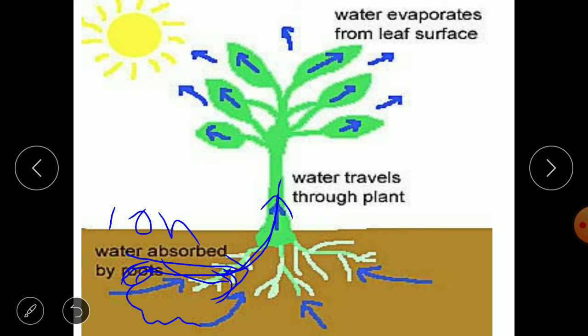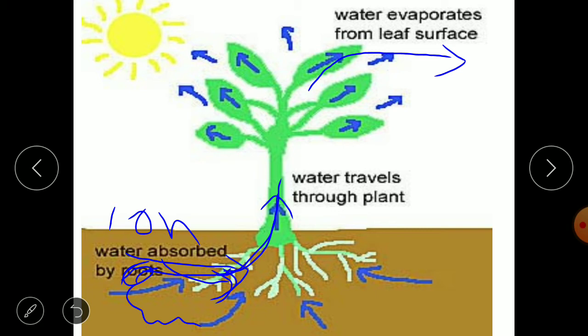You know, green plants and trees evaporate the excess water from the stomata of the leaves. This evaporation of water from the leaf surface is called transpiration.